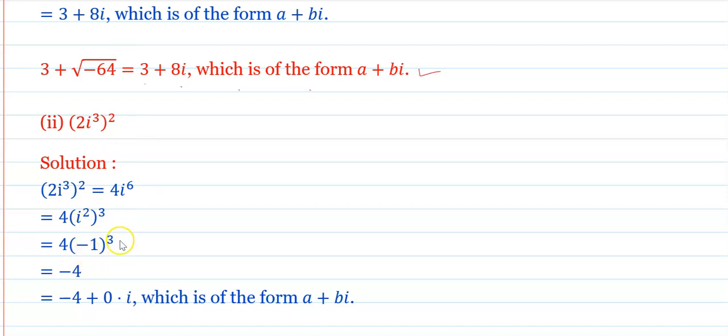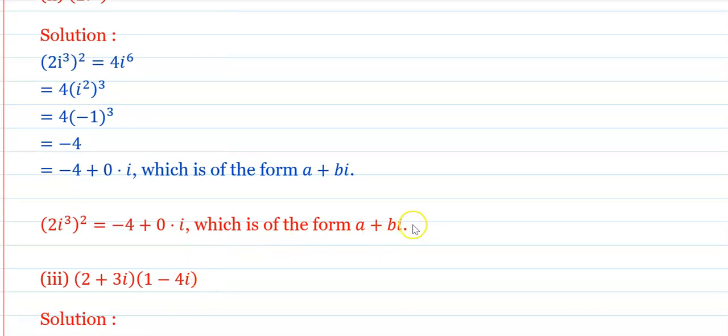Minus 1 raised to 3 is again minus 1, and therefore 9 into minus 1 gives minus 9. We can express this in the form a plus ib. Here only the real part is present, the imaginary part is not there. Therefore it is minus 9 plus 0 into i, which is of the form a plus bi, and this is the answer.